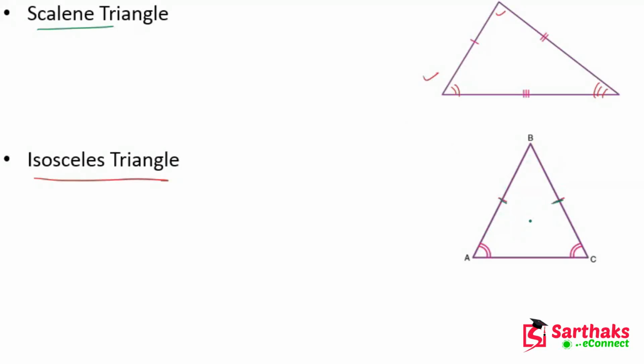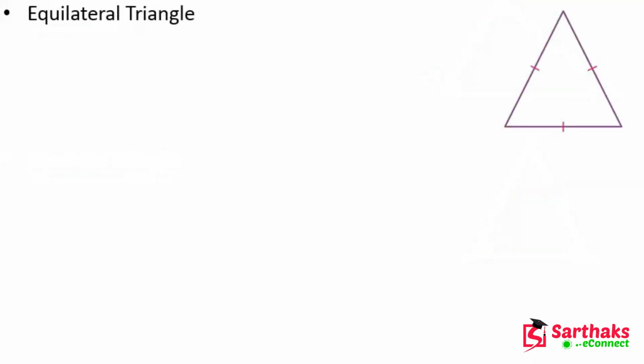So we can say that this triangle is an isosceles triangle, and angle A is equal to angle C, because they are the two angles opposite to the two equal sides.